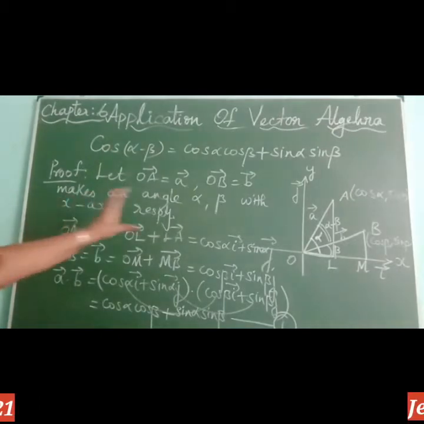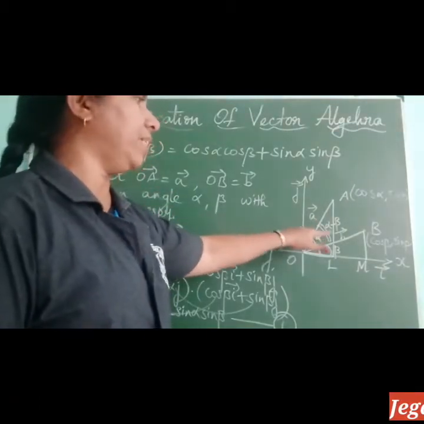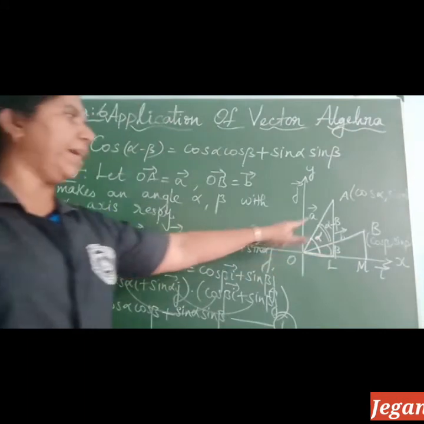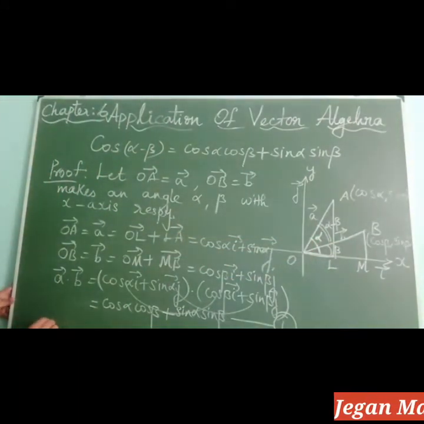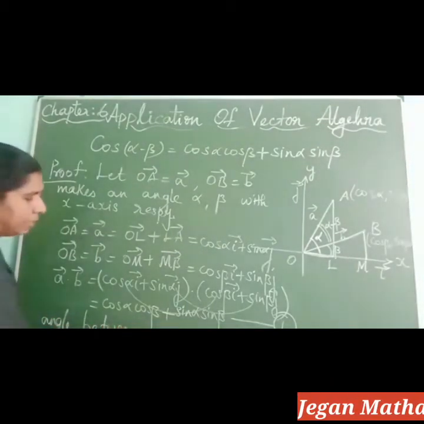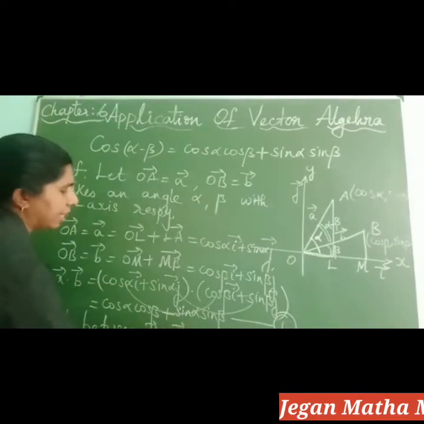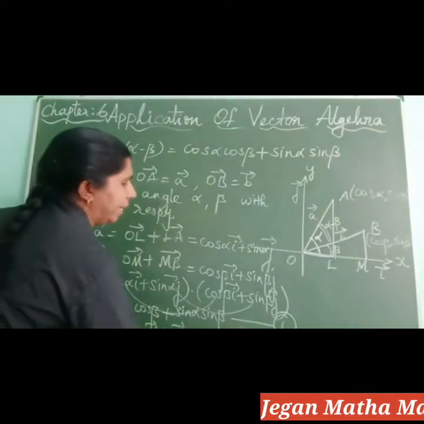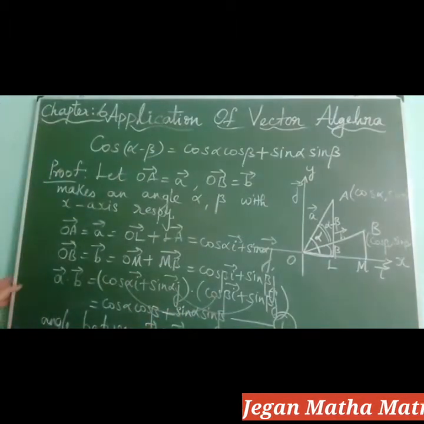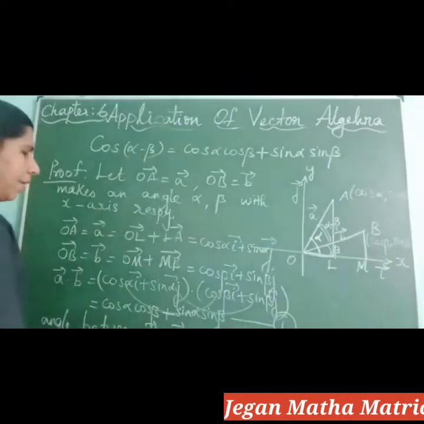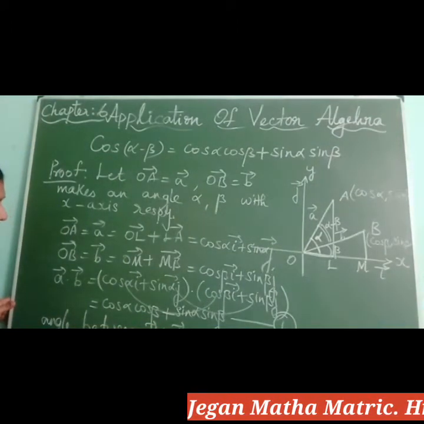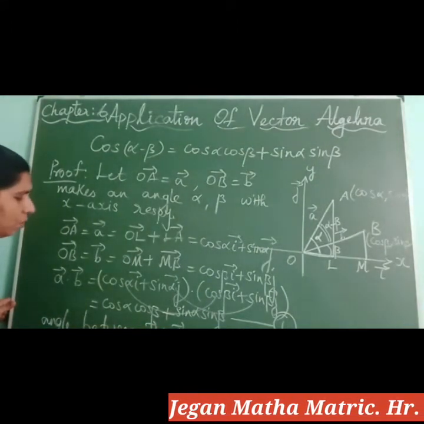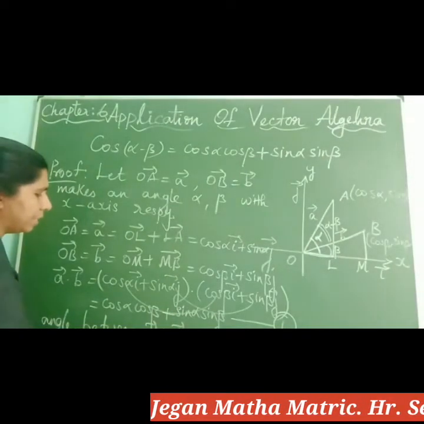Now consider the angle made by the vectors A and B. The angle between A vector and B vector is alpha minus beta. So by the definition of dot product, A dot B is equal to cos(alpha minus beta).